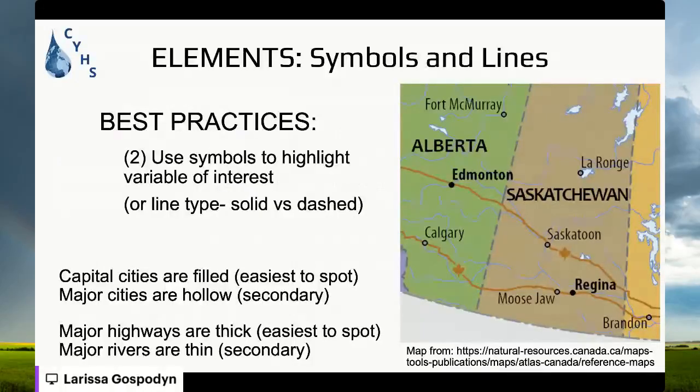In this example, the filled ones, the ones that are all black, are the capital cities, and the less important cities, the non-capital ones, are hollow. That's an example of how you would highlight something important. This map in particular also has thicker lines for the roads, because those are what people usually use to travel, and thin lines for the rivers.